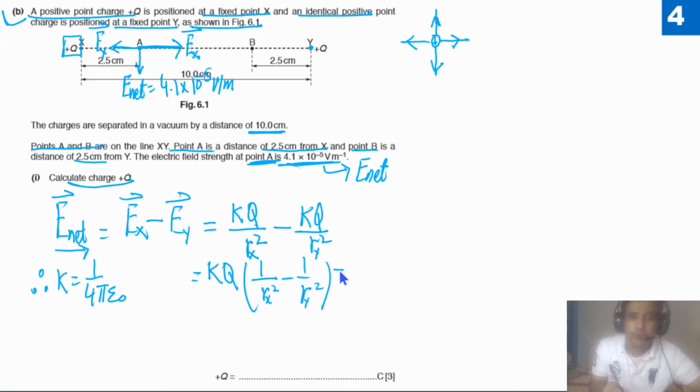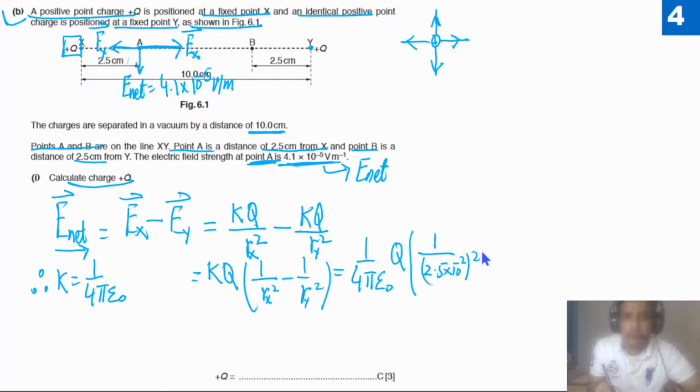And the value for K is 1 over 4 pi epsilon naught, and here we have Q. The value of epsilon naught we can plug in. And we have the value of Rx, the distance between X and point A, which is 2.5 centimeters, so this is 2.5 times 10 to the minus 2, squared, minus 1 over the distance of this point charge from A, which is 7.5 times 10 to the minus 2, squared.